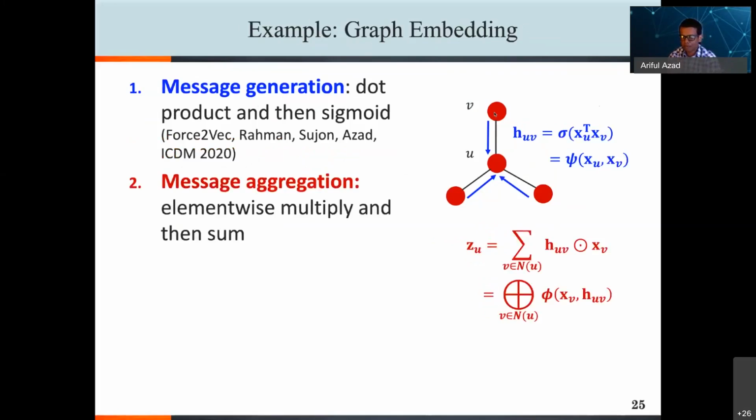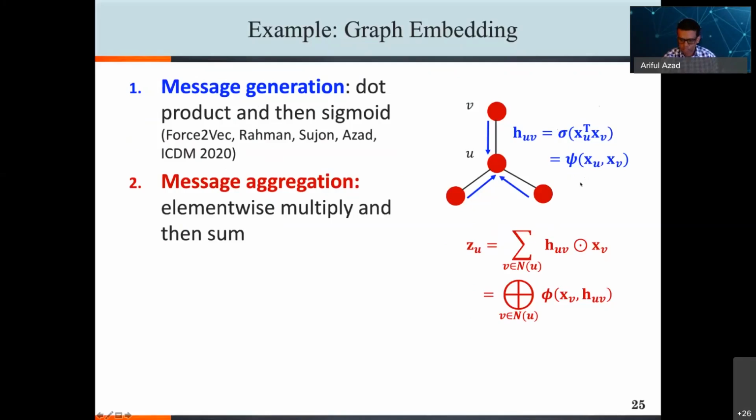Similarly, in a typical graph embedding algorithm, whenever we generate messages, we consider the dot product of their embeddings. If we consider this particular edge U and V, we compute the dot product and then apply a sigmoid function or any nonlinear function, and that will be the message for the particular edge. Again, this can be written in this formula, where psi is our function, which is dot product followed by the sigmoid.